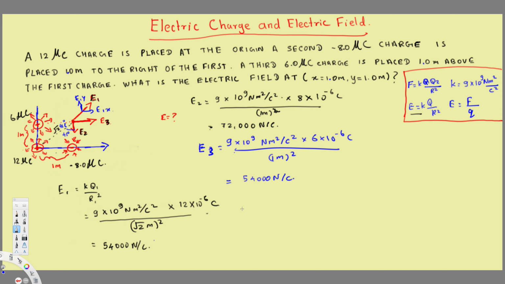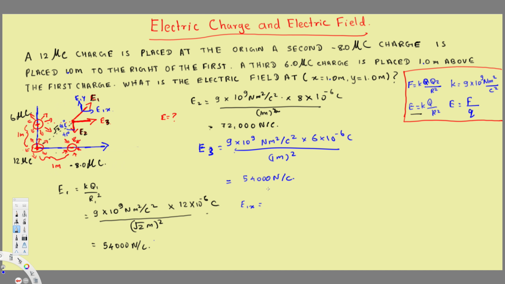Now calculating E1x is becoming easier, because if it's 45 degrees we just have to multiply by the cos or sin of 45 degrees, and both of them give us the same answer, because sine 45 and cos 45 are the same value. So let's calculate this one.